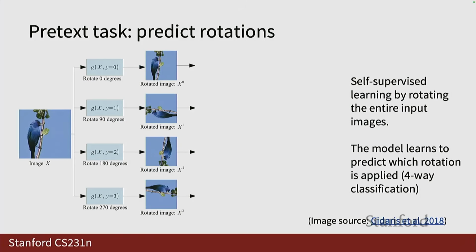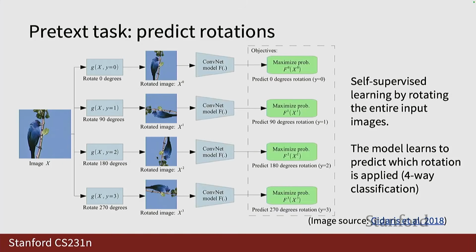This paper, published in 2018, implemented this by exploring just 4 different angles: 0, 90, 180, and 270, rotating images with one of these angles, and then using a convolutional neural network to predict which of these rotations was applied.